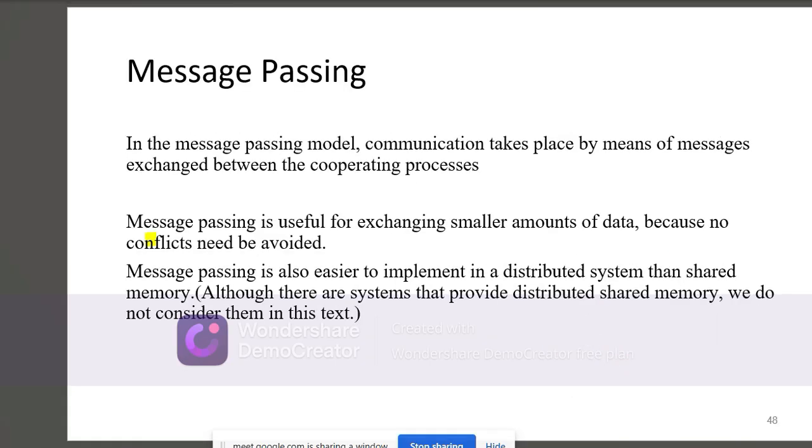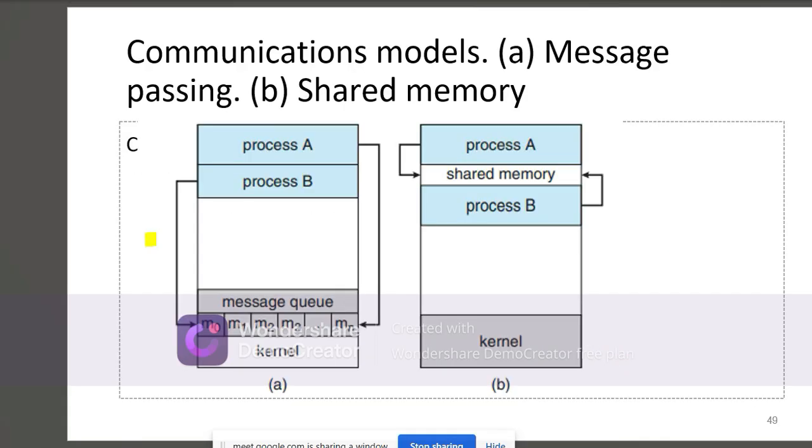Next is message passing. See here, this is a diagram. In message passing, process A wants to send a message to process B. At that time, process A sends a message directly to process B. Suppose, for some reason, the message is not delivered to process B at that time.